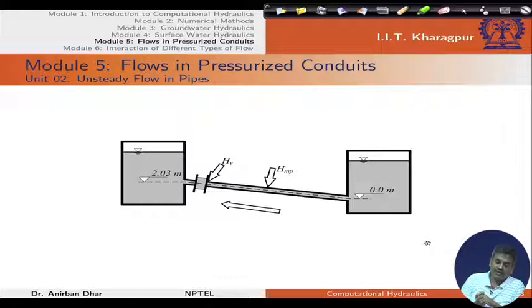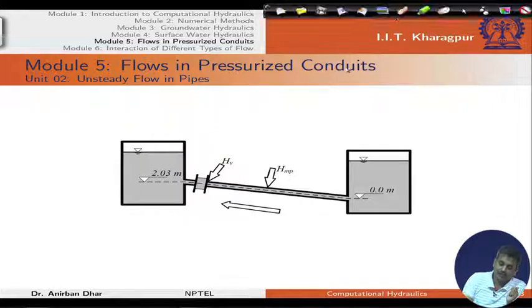In the unsteady state case we have considered piezometric head, and depending on the flow situation in a transient system, there is one valve, and during operating conditions we can get different head values.